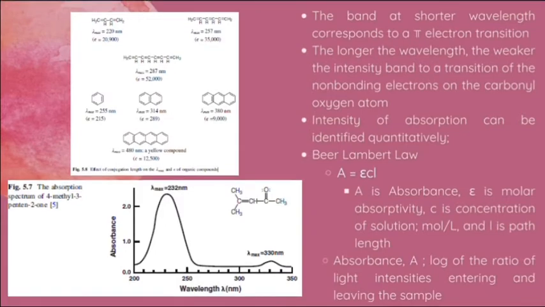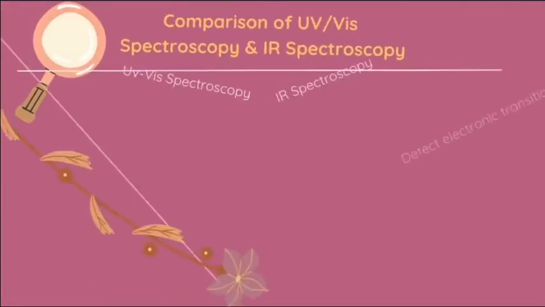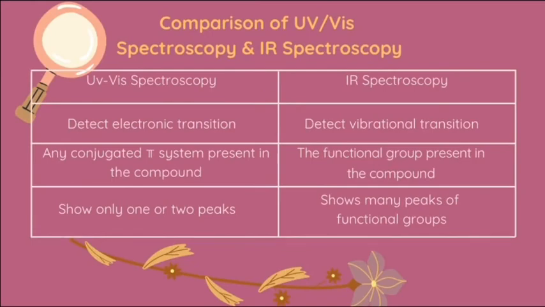Here is the comparison of UV-visible spectroscopy and IR spectroscopy. UV-visible spectroscopy will detect electronic transition, as I told you before, and IR spectroscopy will detect vibrational transition, even though both are electromagnetic radiation spectrum.